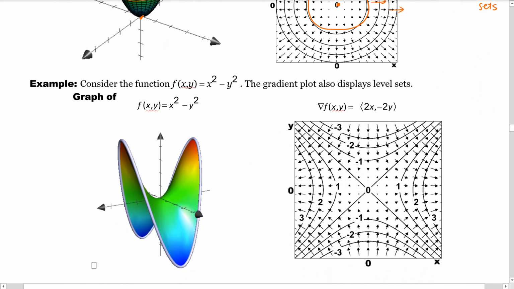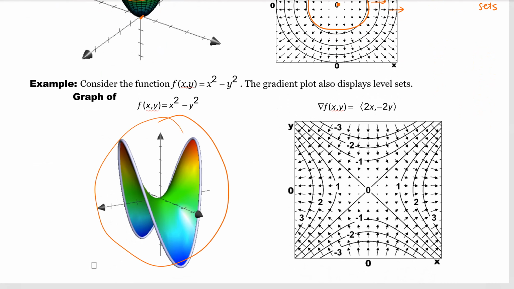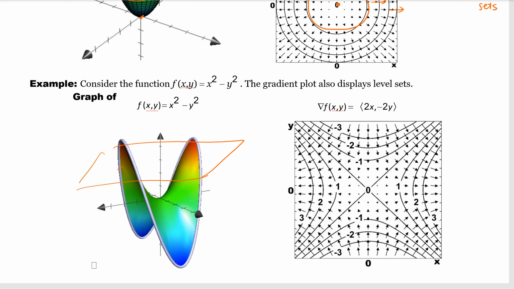Consider the function f(x,y) equals x squared minus y squared, and this is a picture of the surface. For the level curves, when we use a plane to cut it, we have these two level curves, where the values are positive.